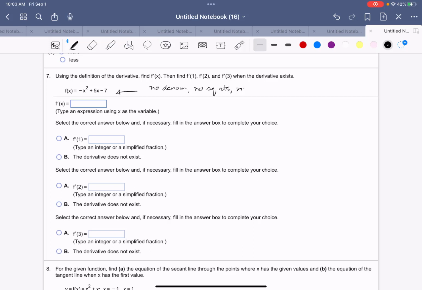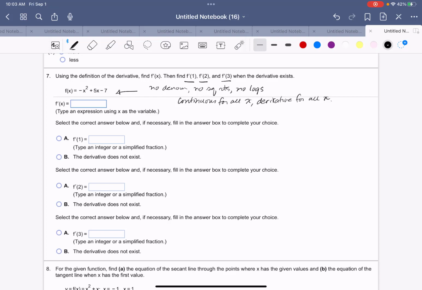And it has no logs. So that means it's continuous everywhere, for all x, and it has a derivative for all x. So definitely we'll be able to find the derivative at 1, derivative at 2, and the derivative at 3.